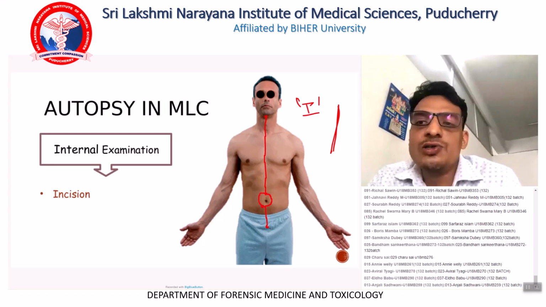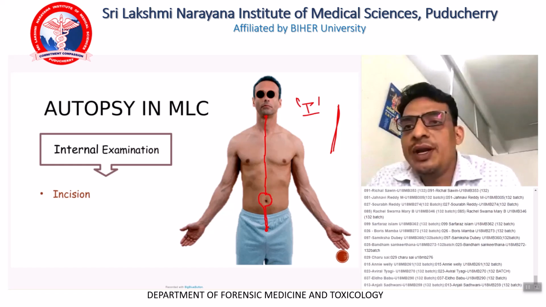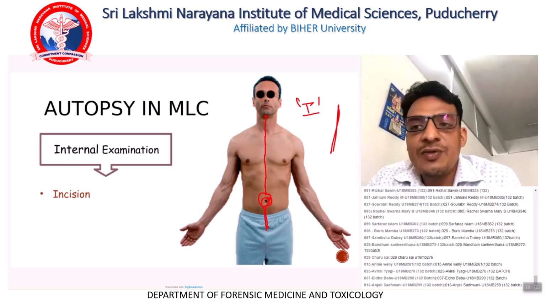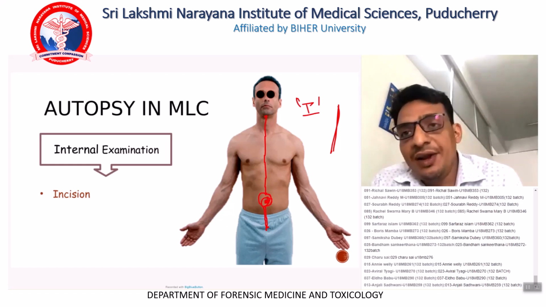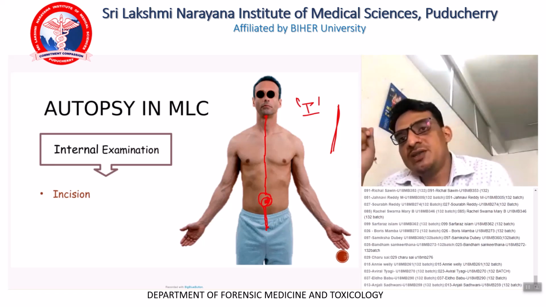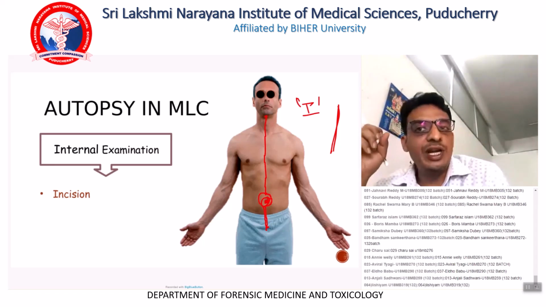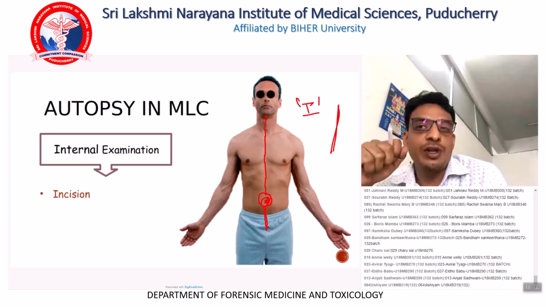Why it is important is because the umbilicus is a very fibrous structure. While resuturing the body, when you are closing the body, it will be difficult to close if you take the umbilicus into the incision.